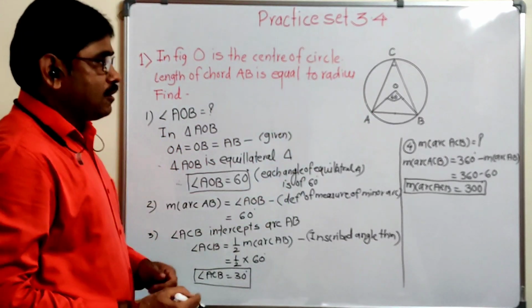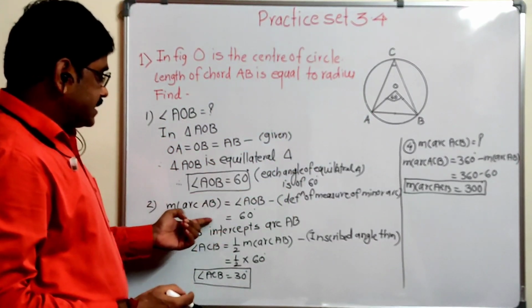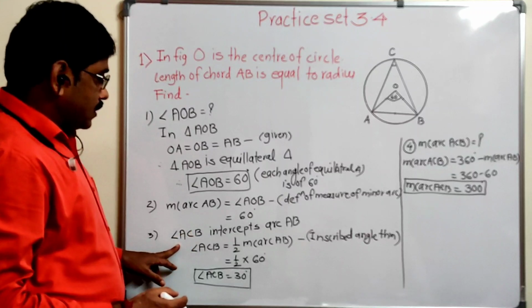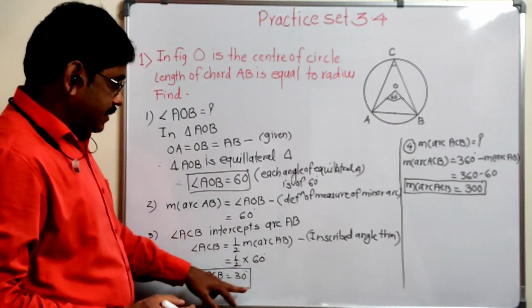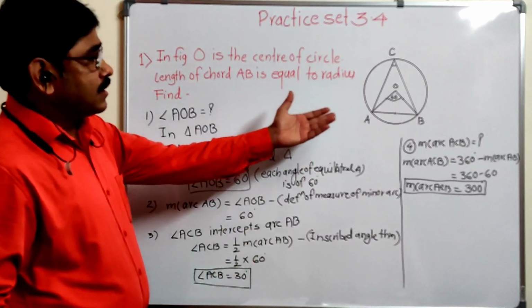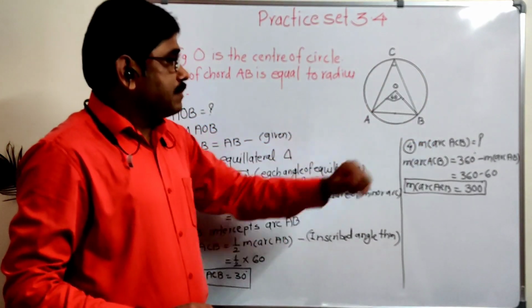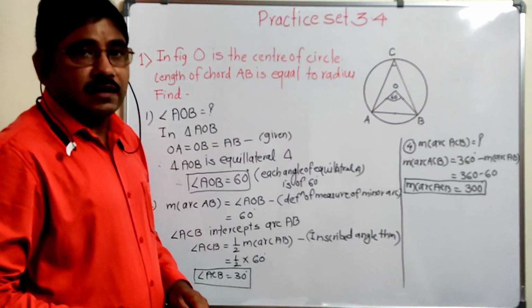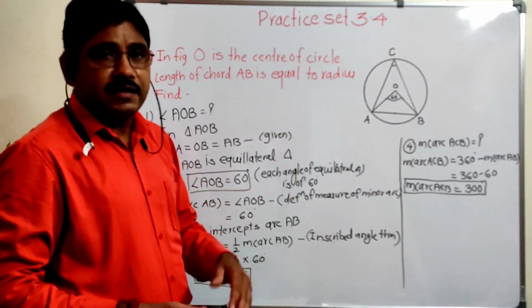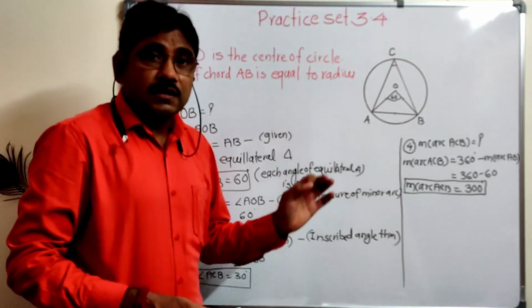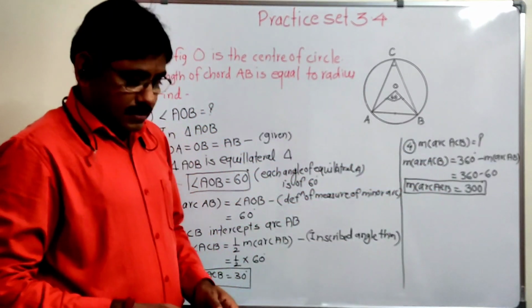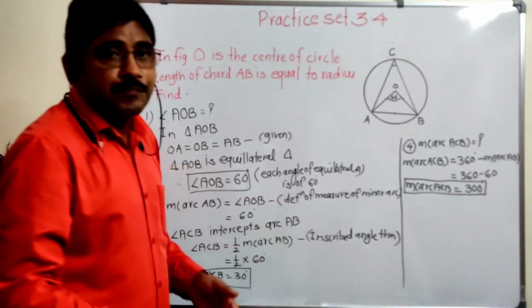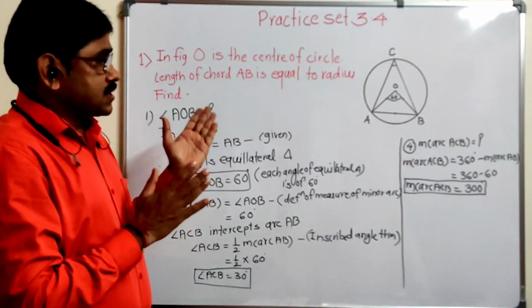So we get angle AOB 60 degree. That's why arc AB is 60 degree. ACB intercepts which arc? AB. Therefore ACB is half of AB. We get 30. And this arc ACB is the major arc. Therefore the major arc is equal to 360 minus the measure of the corresponding minor arc. That is, 360 minus 60, we get 300. So in this way we can complete that first sum.